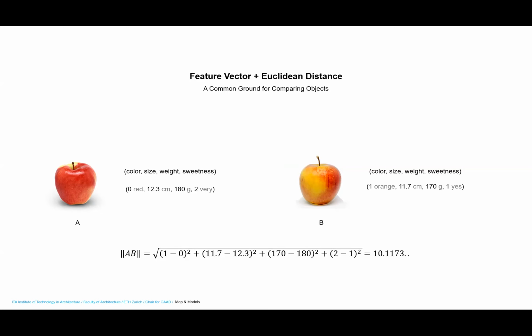Also in the next lecture, when we talk about the self-organized map, the training and prediction process also involves the calculation of Euclidean distance. So this gives you an idea how it works with feature vectors.